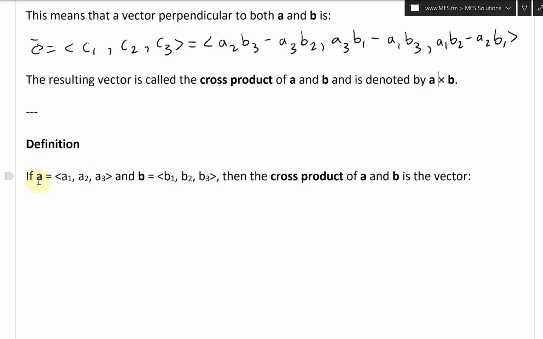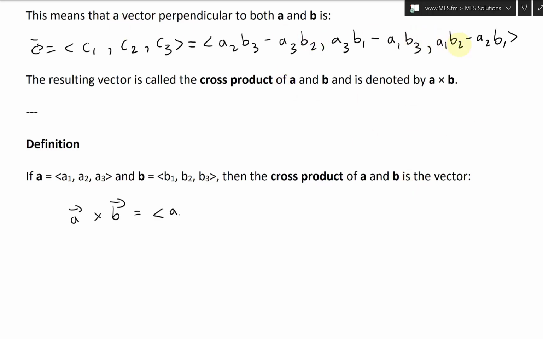So if A is a vector with the terms A1, A2, A3, and B has terms B1, B2, B3, then the cross product of A and B is the vector. Let's write this down. A vector cross B, so this is the cross product of A and B. This equals this whole term over there.